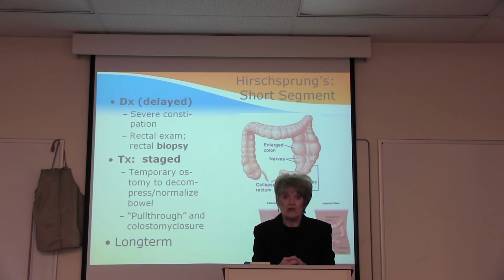I want you to know that management involves a temporary colostomy to decompress the bowel and allow the colon to shrink down to normal size, followed by what they call a pull-through procedure, anastomosis of the colon to the anal canal, and closure of the colostomy. I want you to know that of the long-term complications, the two I really want you to be aware of are enterocolitis and the potential for problems with stool elimination.